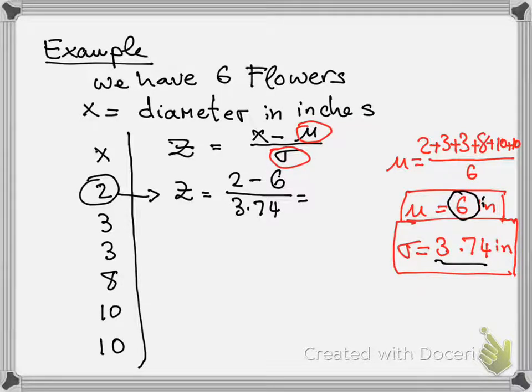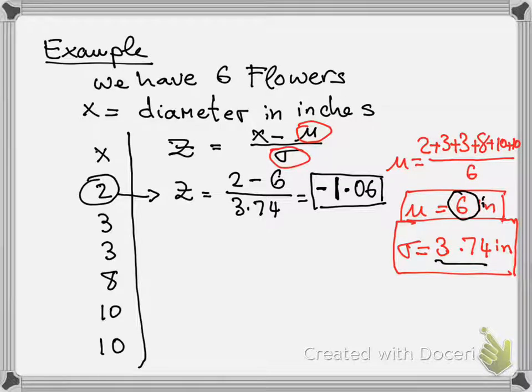So that would be -4 over 3.74, so that would be -1.06. So when x is 2, the z-score is negative 1.06. Now, what's the interpretation of this negative 1.06?